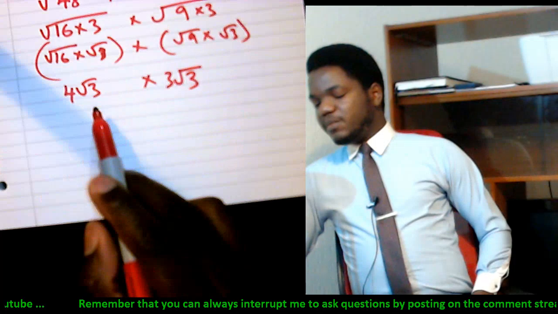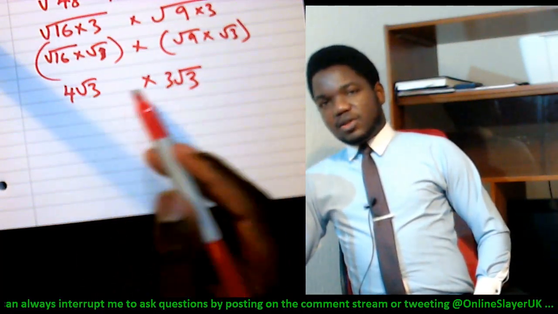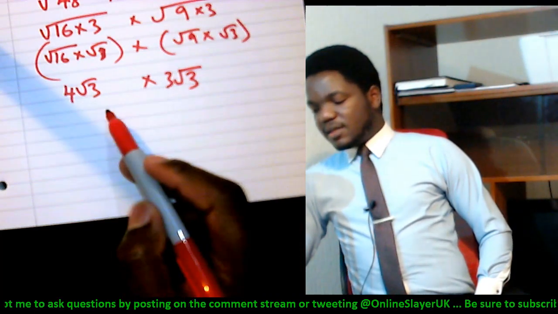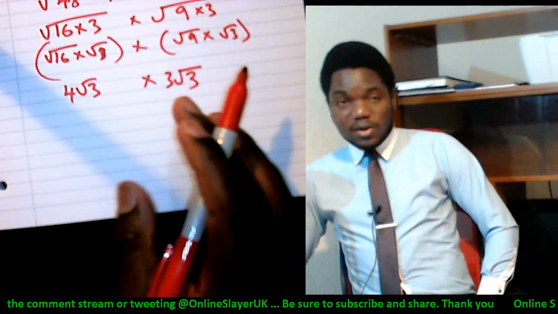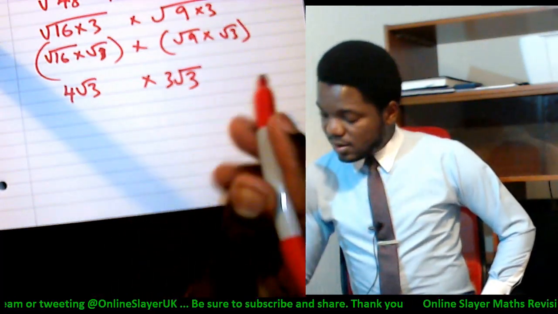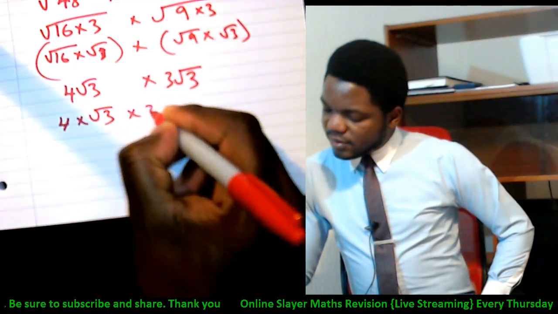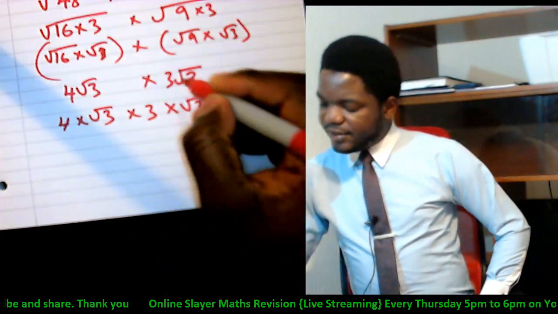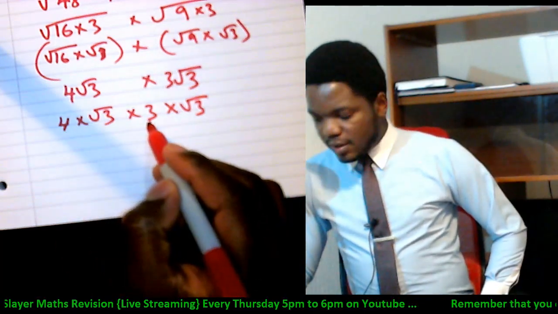Now, because you're multiplying them, you don't care if they have the same surd form or not. This is in the same surd form, so fine, I'm happy to just do the same thing I would do even if they were not in surd form. This is 4 times root 3 times 3 times root 3. 3 root 3 is 3 times root 3. 4 times 3 is 12.